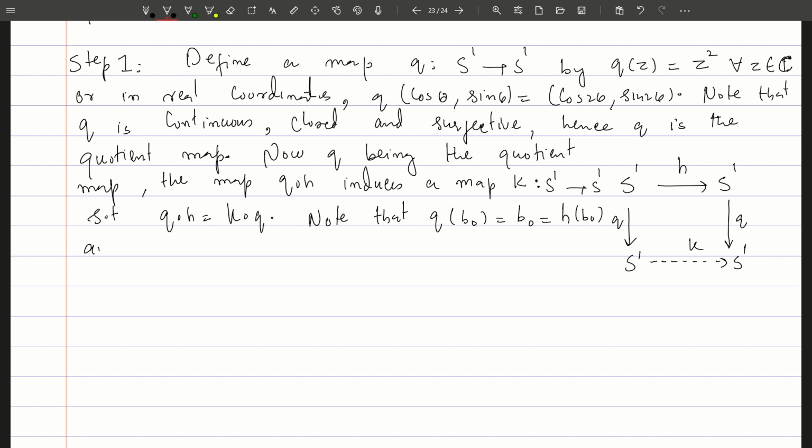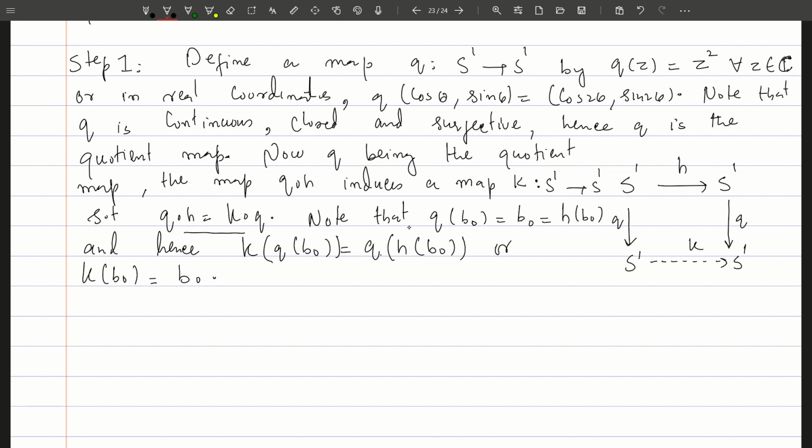Hence K composite Q of B naught is the same as Q of H of B naught, which is Q of B naught, and Q of B naught is the same as B naught.